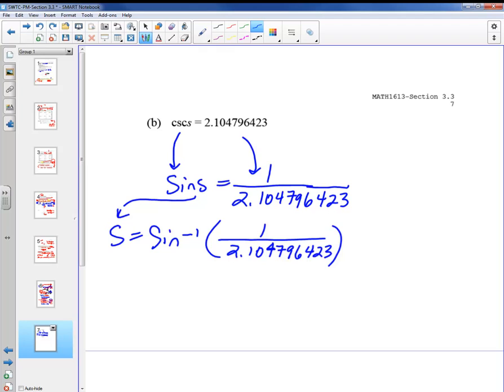So I go second sine of 1 divided by 2.10479643, and that will give me S in radians, and it's 0.49508. And that's correct because it is in the interval from 0 to pi over 2.